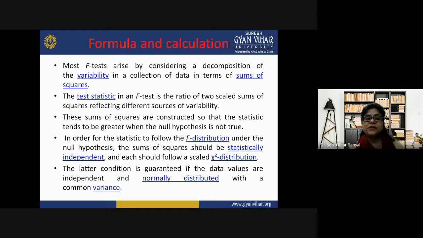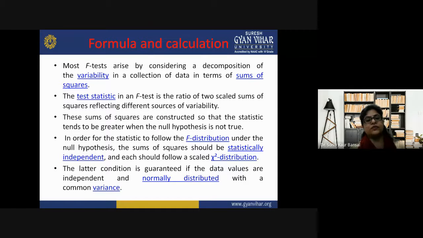So the test statistic in an F-test is the ratio of two scaled sums of squares reflecting different sources of variability. These sums of squares are constructed so that the statistic tends to be greater when the null hypothesis is not true.